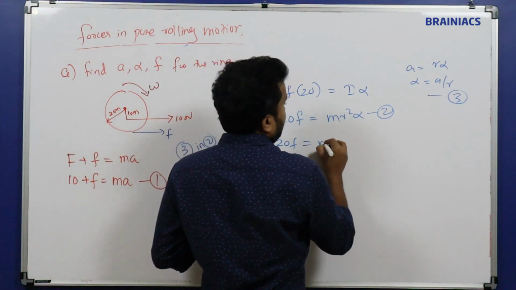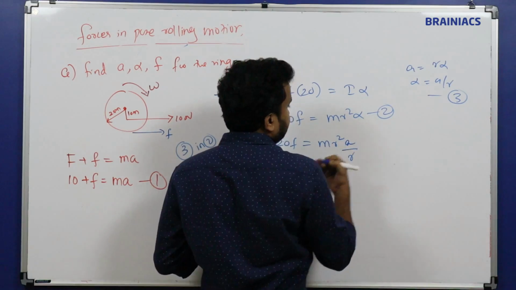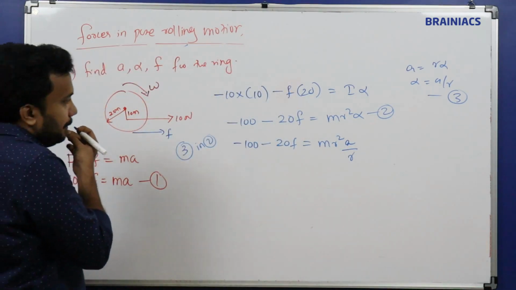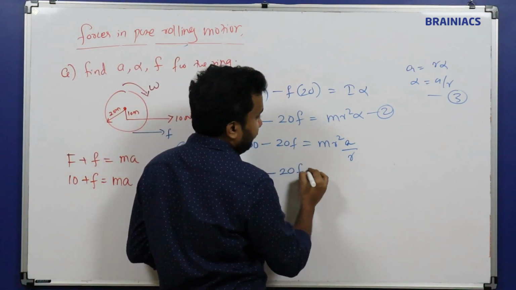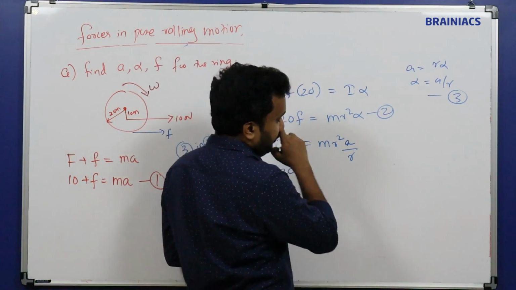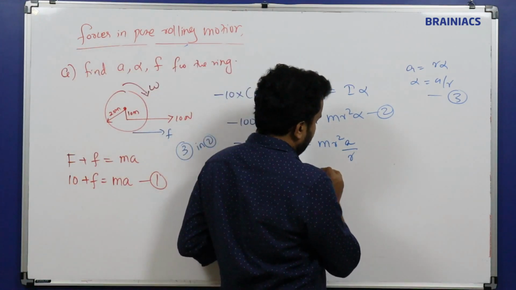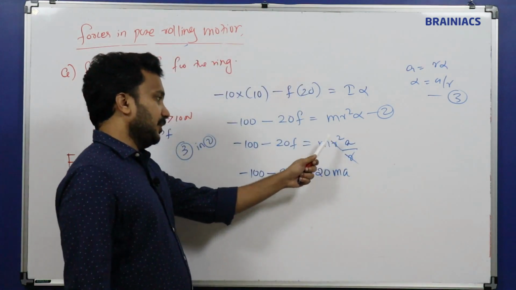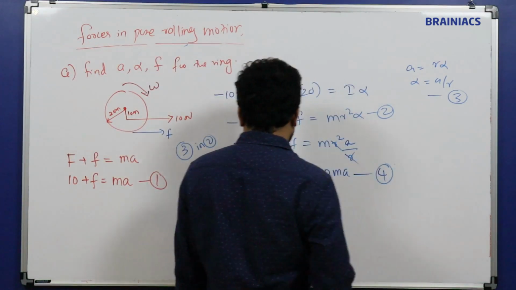So mr square alpha means mr square times a by R. Minus 100 minus 20F is equal to mr a, and with radius 20, one R gets cancelled, leaving 20 ma. Equation number 4.